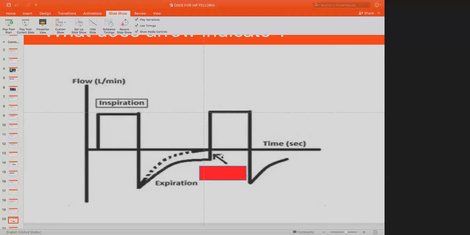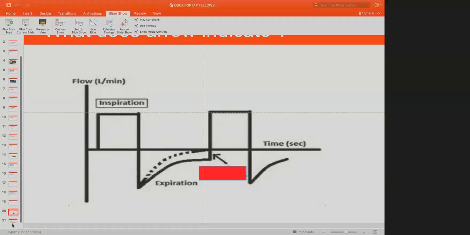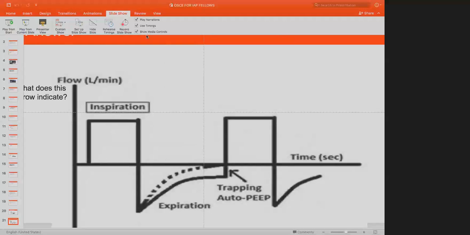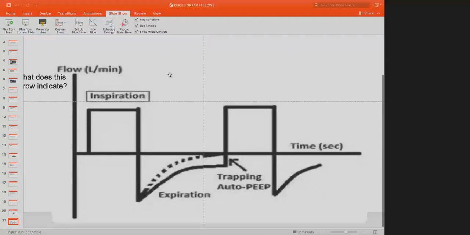What does this arrow signify? So this is not auto trigger, but this is auto PEEP.